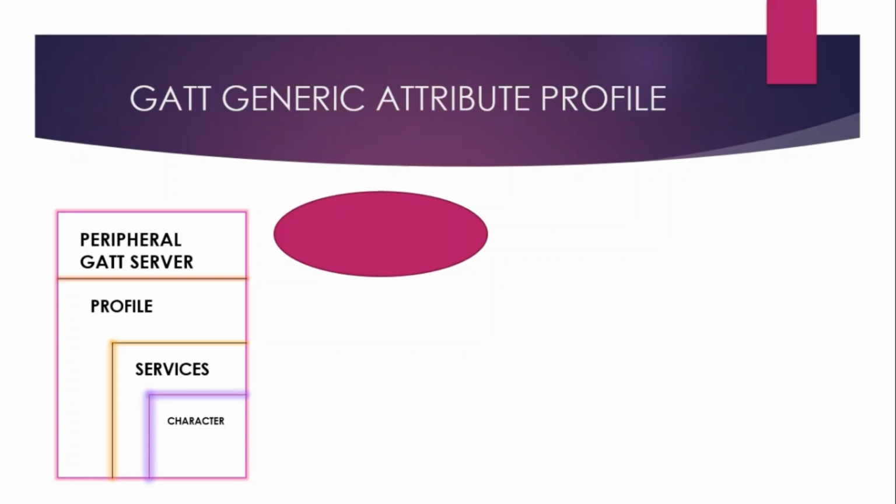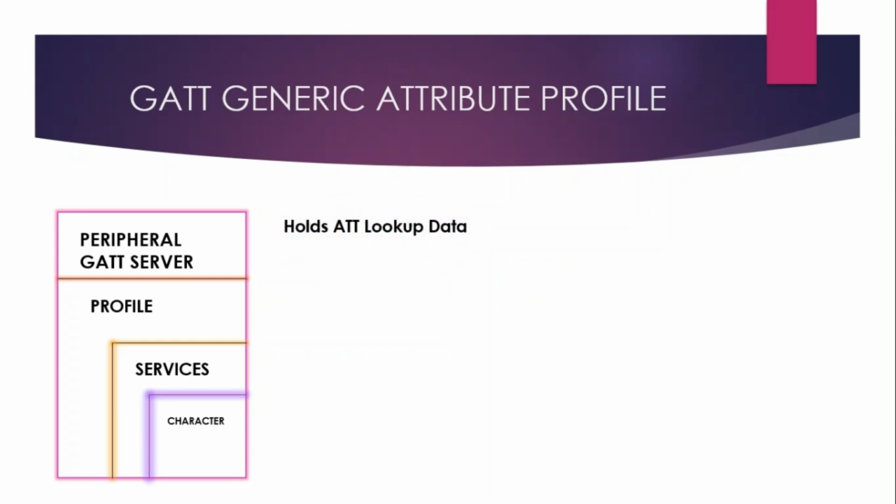Let me show you one more diagram. I hope you all understood these concepts. There is a GATT server. That GATT server will have profiles, profiles will have services, and services will have characteristics.